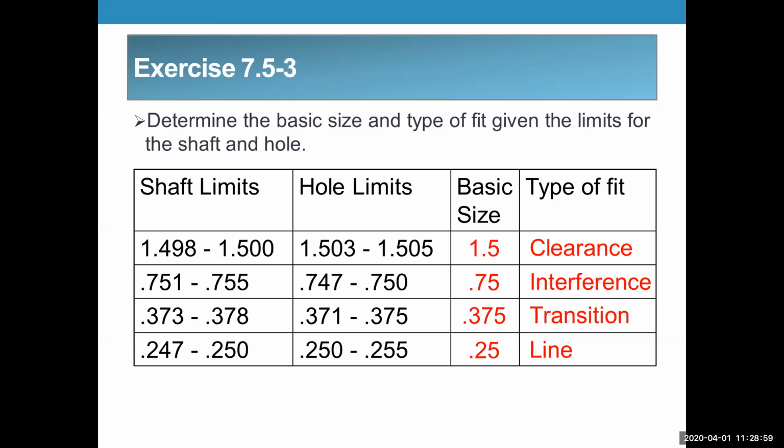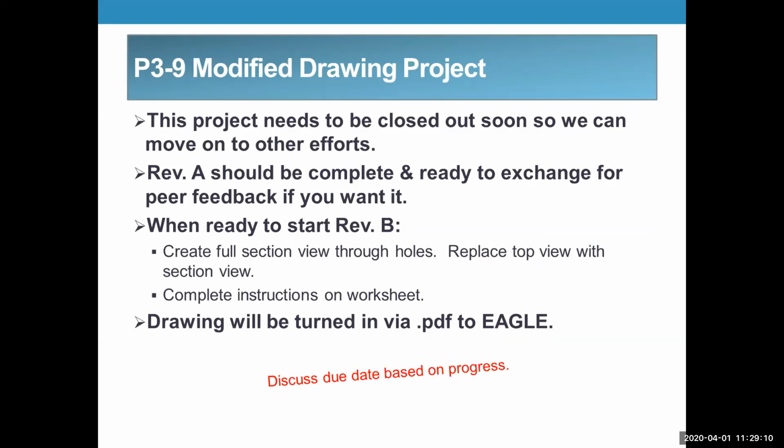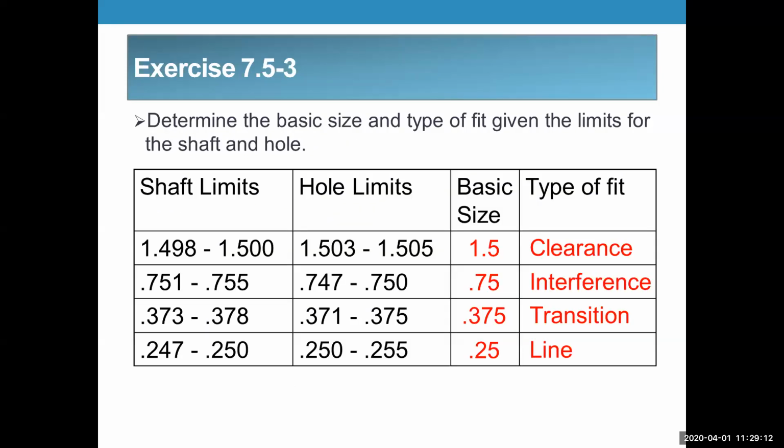You may not have to press it much in order to get it in. Press fit is slang for an interference fit, let's put it that way. Any questions on that?